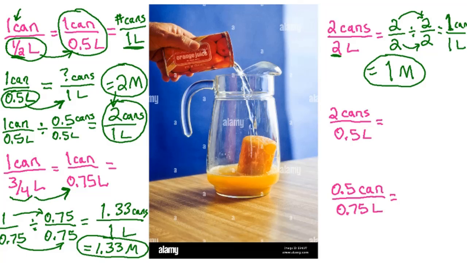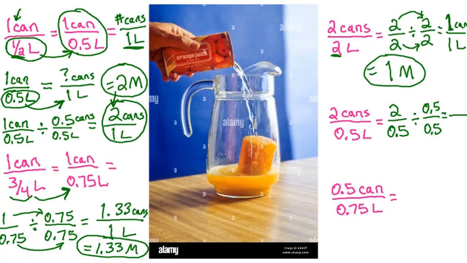Now what about the next one? 2 cans in 0.5 liters of water, so half a liter of water. If we have 2 cans in half a liter of water, we have to divide the top and the bottom by 0.5.